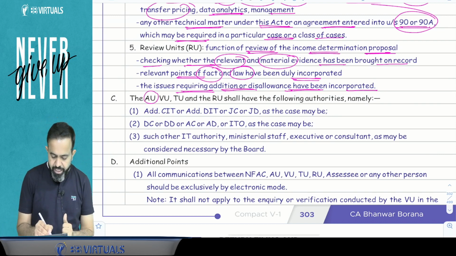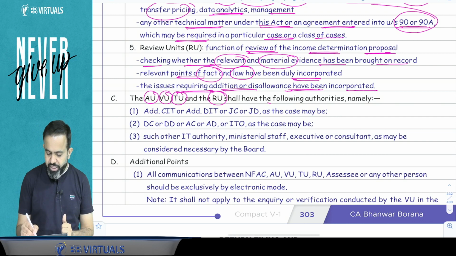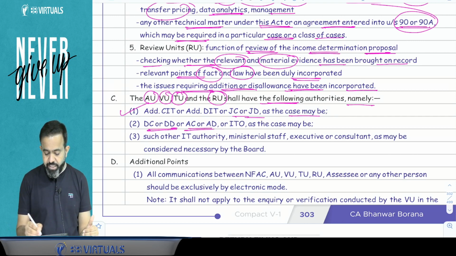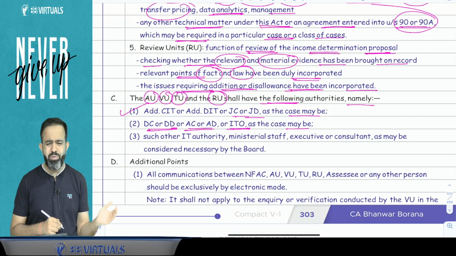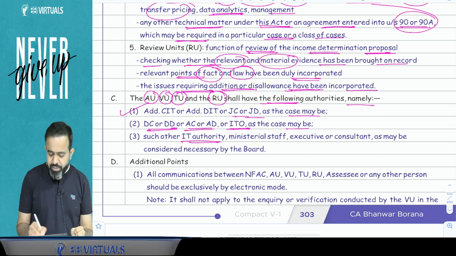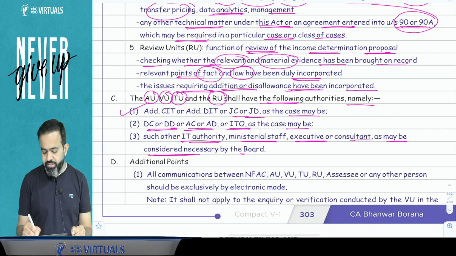So here the AU, VU, TU and RU shall have the following authorities, namely the additional CIT, additional DIT, JC, JD as the case may be, or DC, DD, AC, ITO as the case may be. In simple words, the assessing officer will work in this unit. Also such other income tax authority, ministerial staff, executive or consultant as may be considered necessary by the Board.